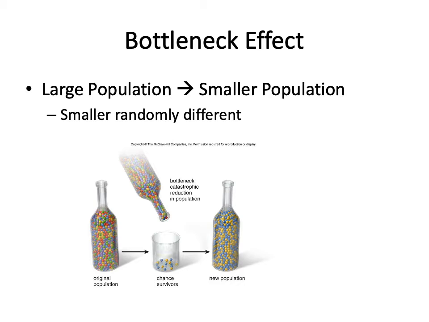So in this figure on the left, we have a bottle with a bunch of beads in it. There are red ones, yellow ones, green ones, blue ones, and then only a few beads are poured out of this bottle. And just by random chance, the ones that end up in the small beaker are blue and green and yellow.